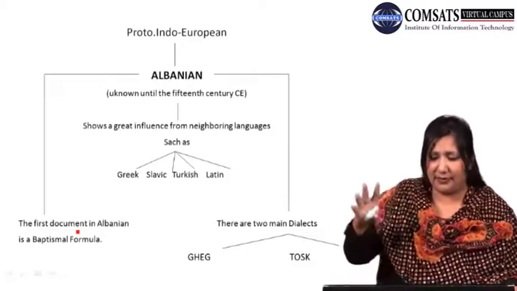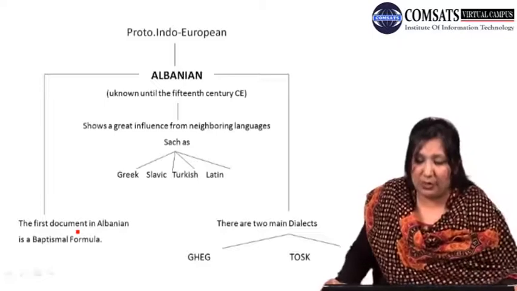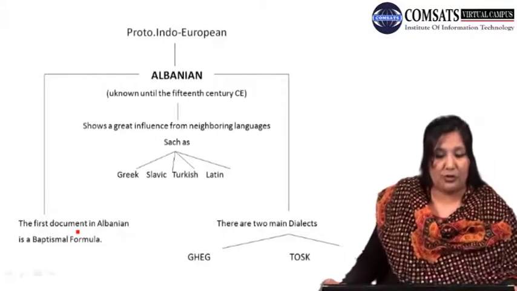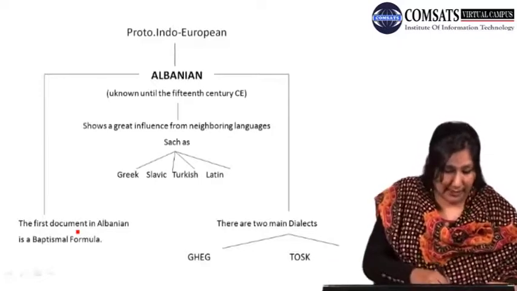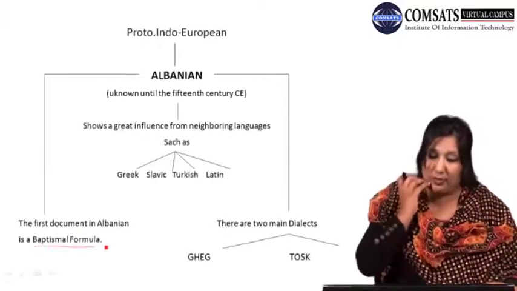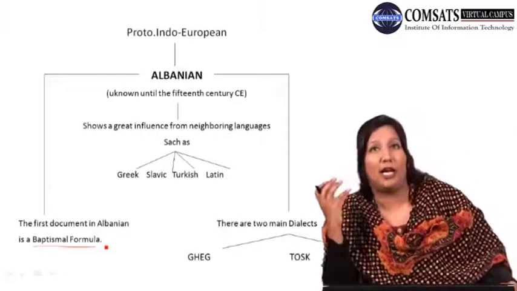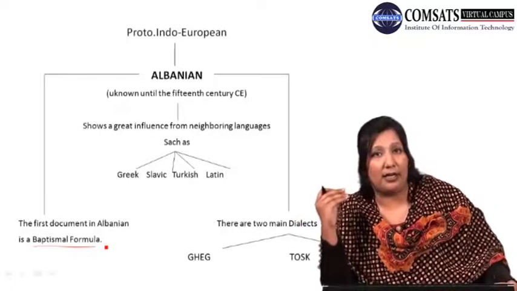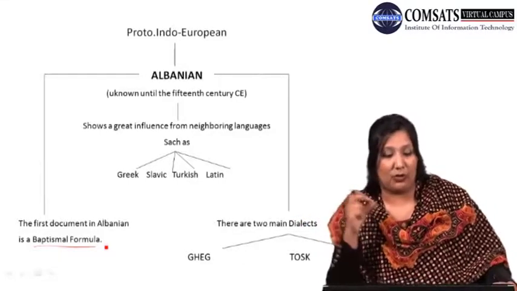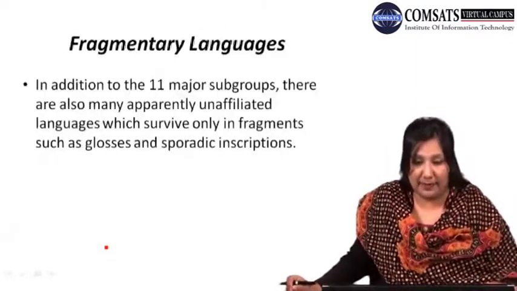There were two main dialects that were very dominant at that time, Tosk and Geg. The first document in Albanian is a baptismal formula. Again the same thing: this is a religious document, related to Christianity. So again we notice this language in something specific.